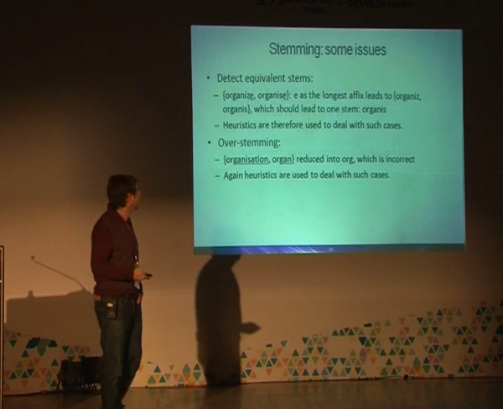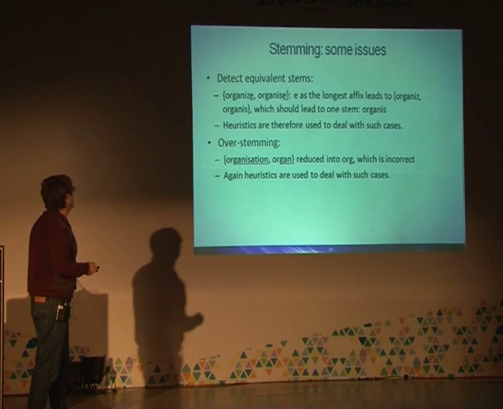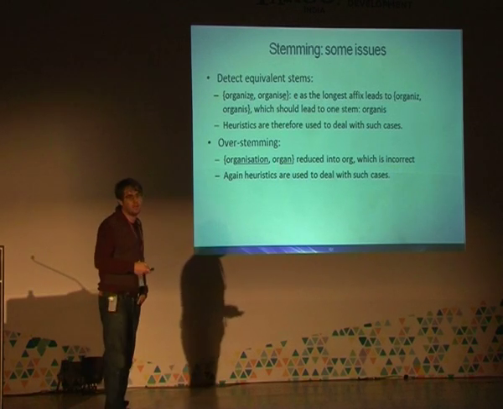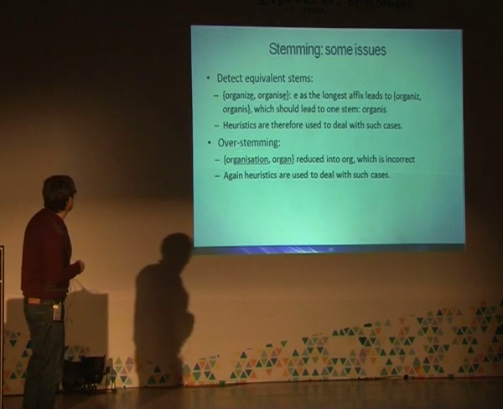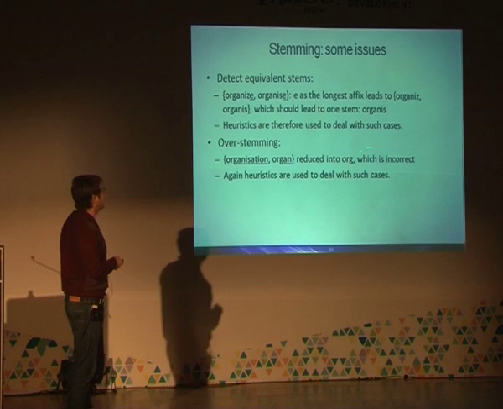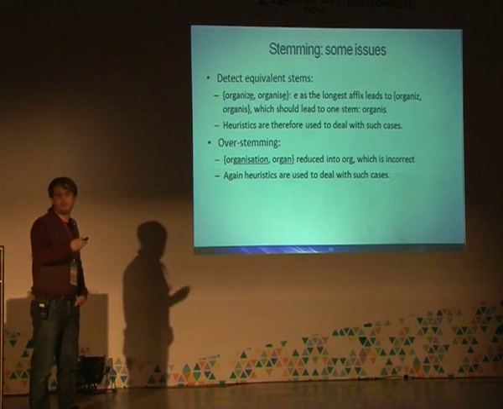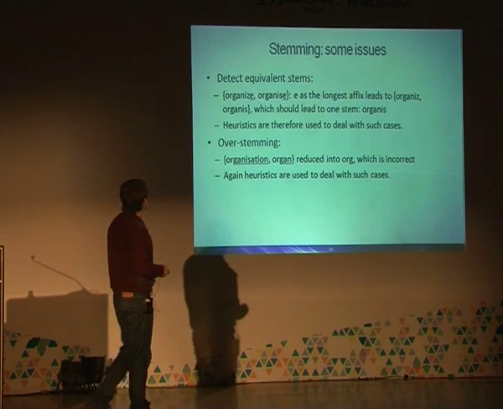It might not be practical. Now, the problem in general with stemming is that you might be creating false positives. You might be saying that organization and organ are both org, which is wrong, right? But then again, you can put heuristics on top of the heuristics to deal with these cases.